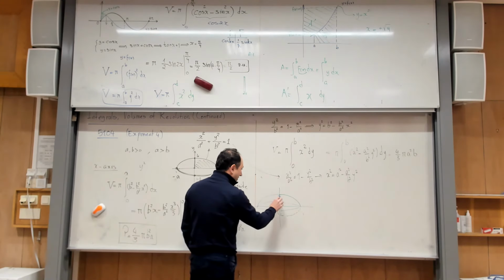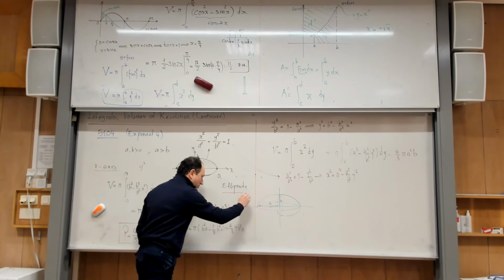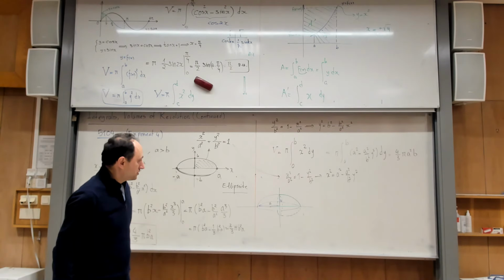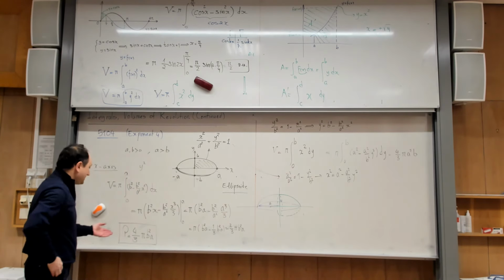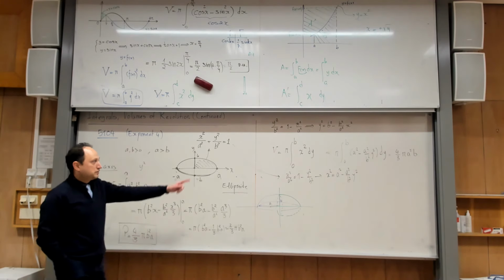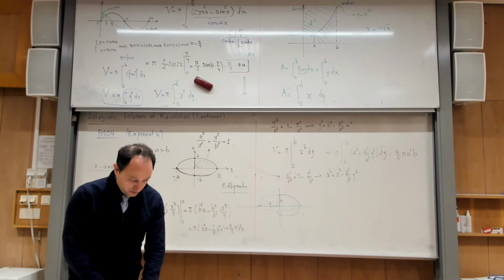This length is B, but this length is A. They can both be ellipsoids, but they are not of the same size. And this can be seen here. Here, B squared appears, only A appears. But if you do the calculation here, that would be the other way around. I can also check that answer in this way.